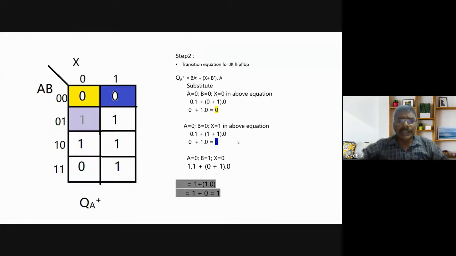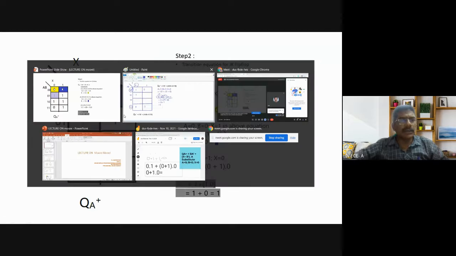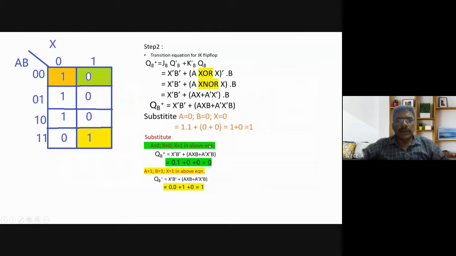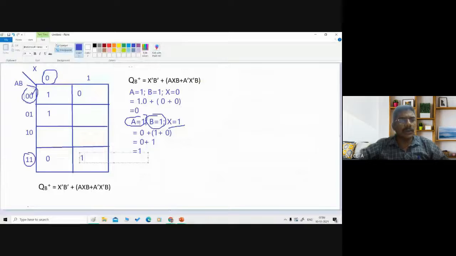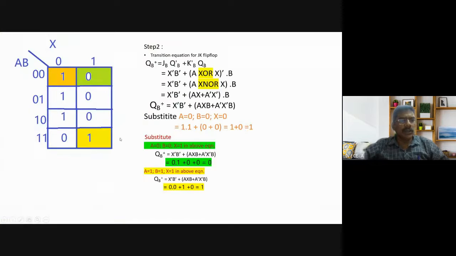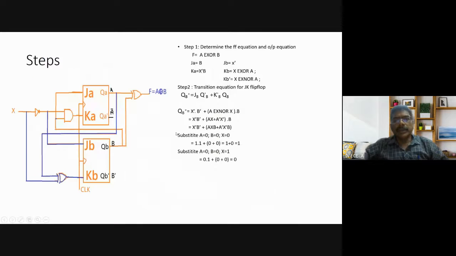Okay, similarly I have filled these values. Okay, b values. See, first case 1 0, last case is 0 1, and second case, and in all we got 1 0 and 1 0. So I have substituted these values in this equation, and I got these values. Okay, this is the second step. What is the first step? We have to determine the flip-flop equation and output equation, and we have to obtain the transition equation.